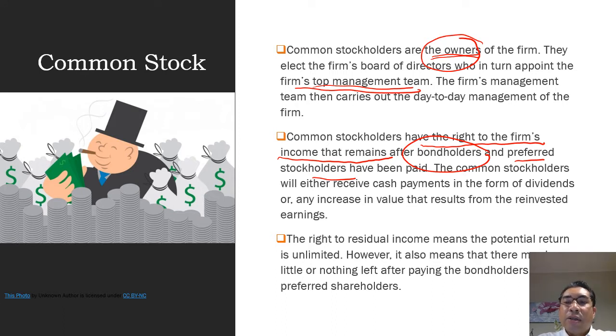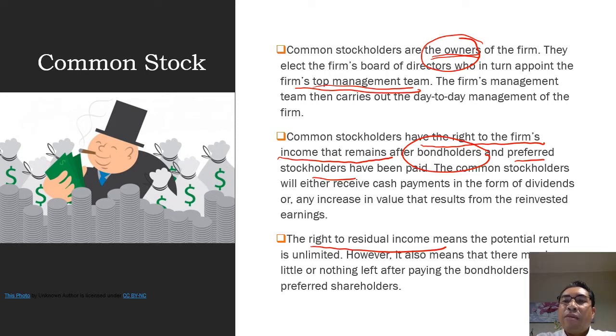As the residual owner of the company, the right to residual income means that the potential return is unlimited. What is meant by that is that if the company records profit, of course they will have to honor the bondholders first. They have to pay the coupon.